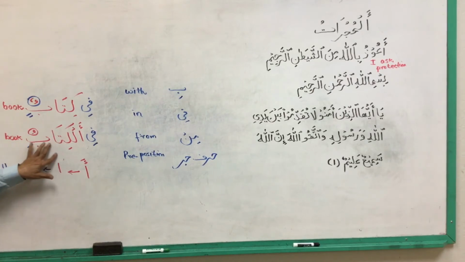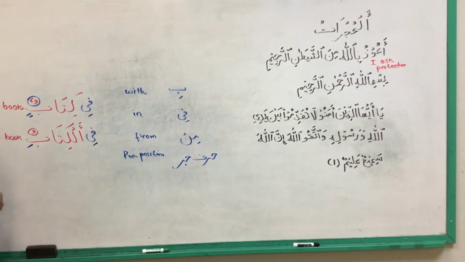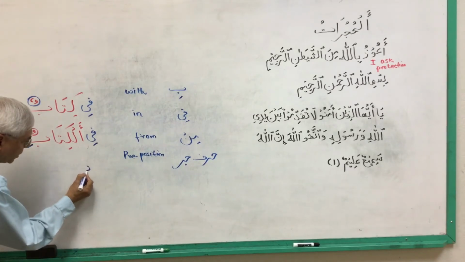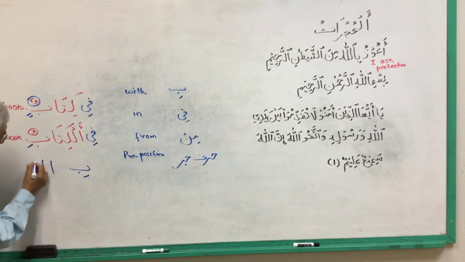Just by writing it in the other way, you may not be able to explain to the student what this means. Okay? So anyway, the word becomes fil kitabi. Now look at that.